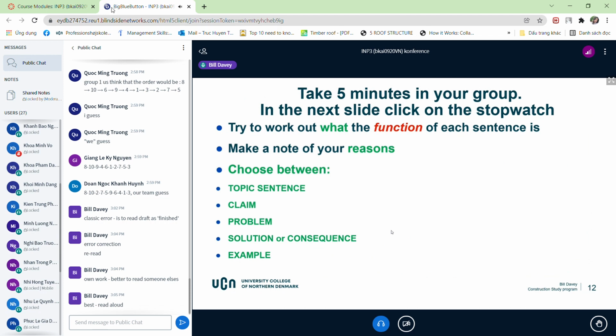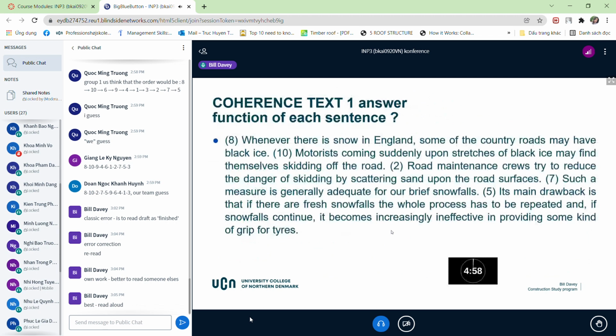Here, we've got things which look like topic, sentence, claim, problem, solution or consequence, and example. But we can mix and match. So these things might look different. So the function of each sentence.